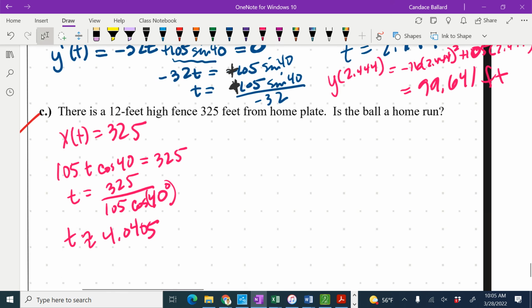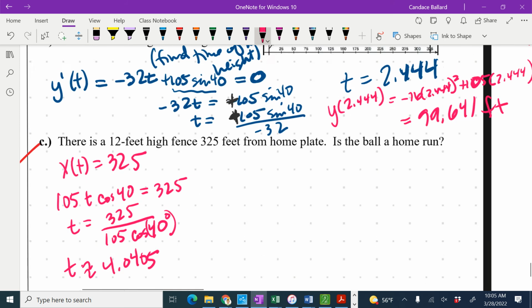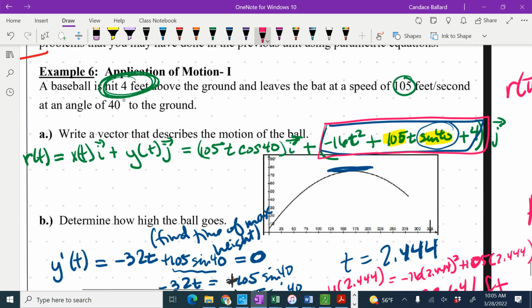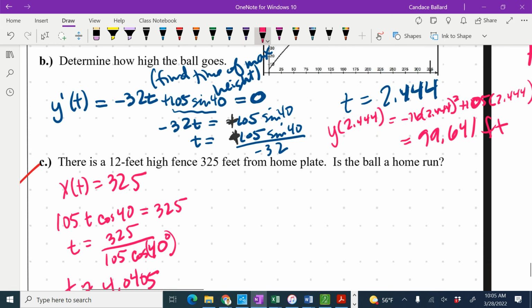So I'm going to now take that. I need to figure out the height. Is the height the x component or the y component? It's y, right? So I'm going to plug this t value back into the y component and see if I make it more than 12 feet.